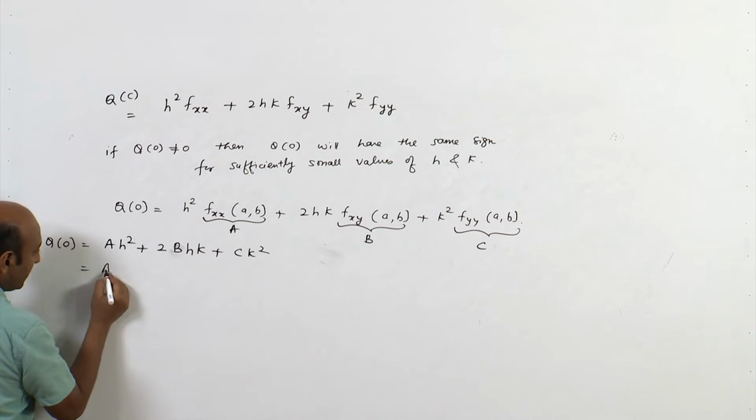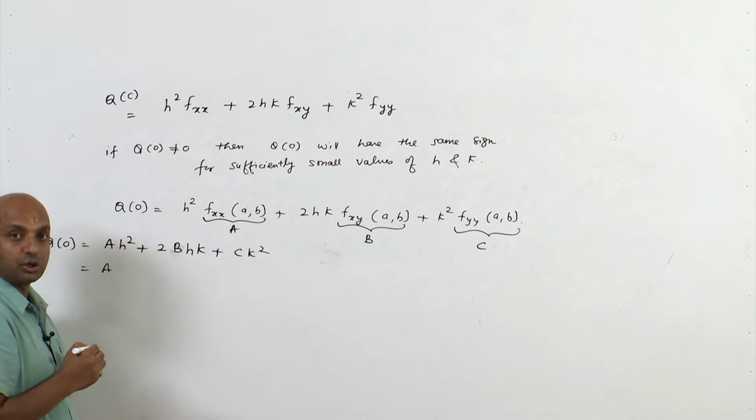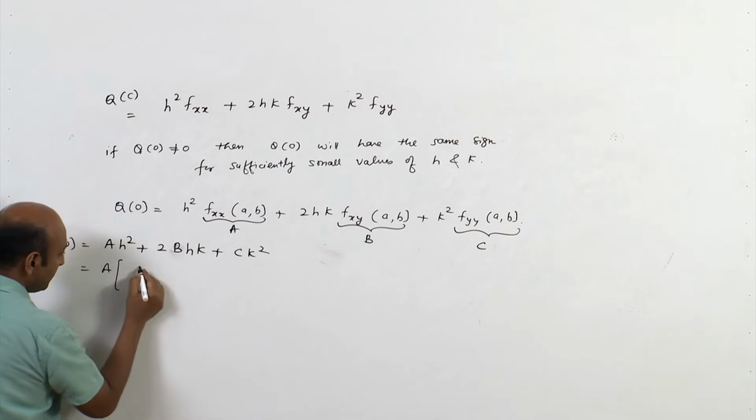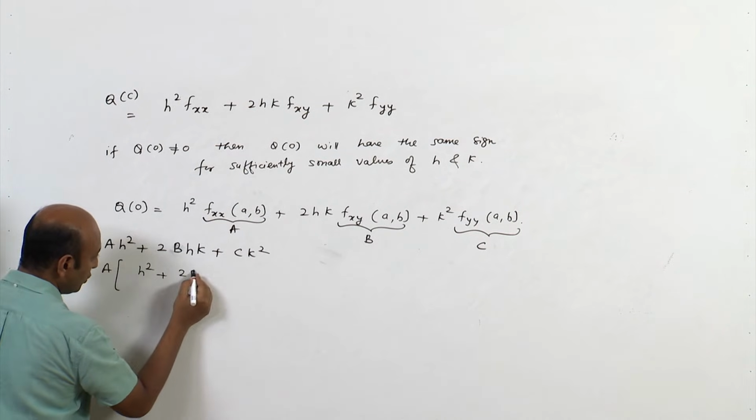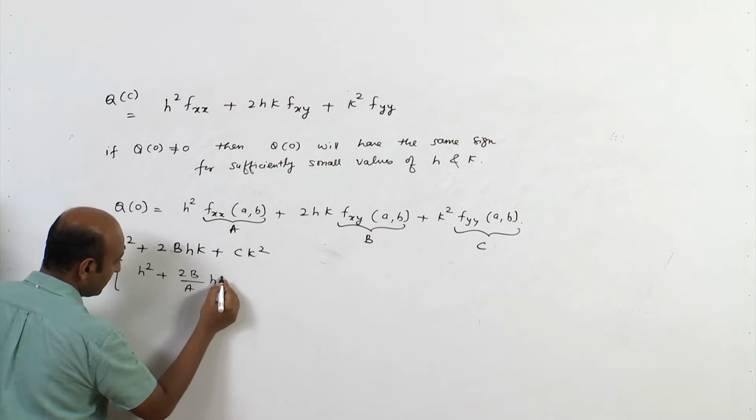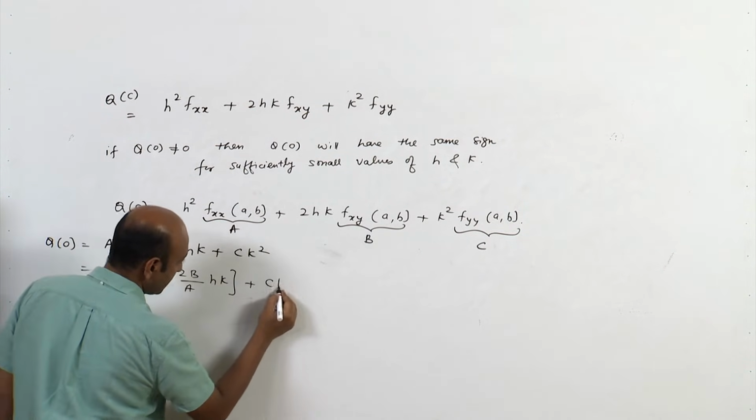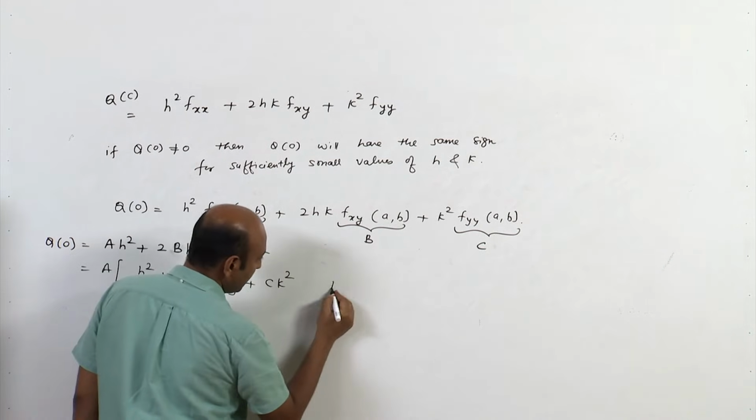You take A common, assuming A is not equal to 0. So, this will be h square plus 2 B by A h k plus C by A k square, assuming A is not equal to 0.